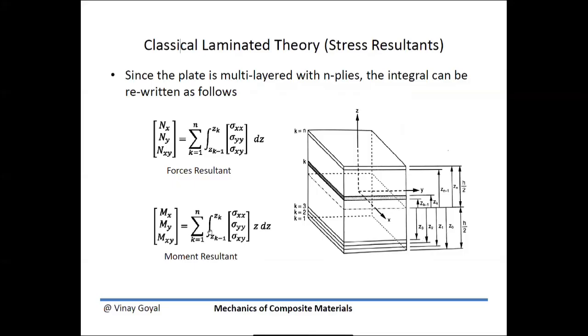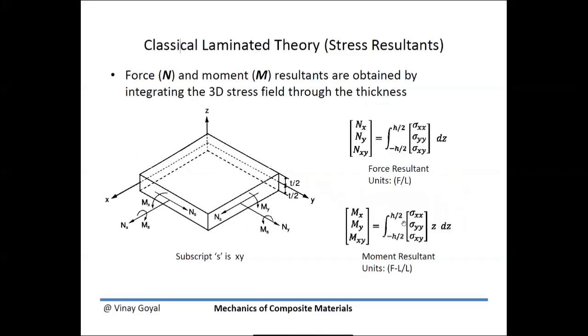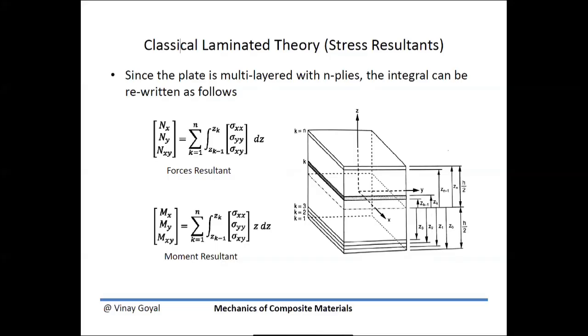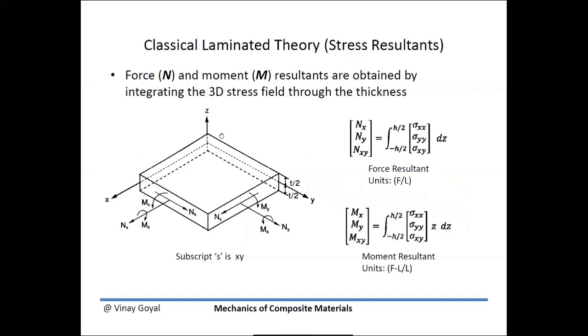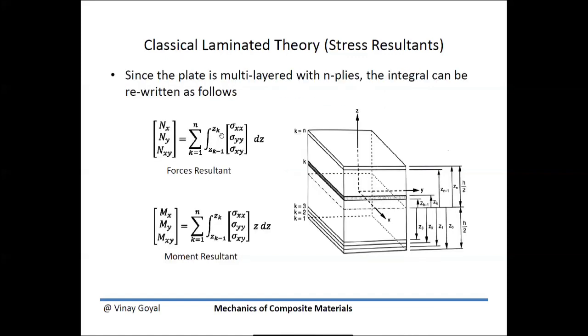So I'm going to have the integral from z1 to z2, calculate that, and add that onto the integrals for the other plies. So that sum should be equal to this integral. Mathematically, they're the same. So again, I know this looks scary. I have this summation, I have this integral, but mathematically, there's nothing to be worried about because we're talking about the same things. This is the same as that. We just broke it up because we have many different plies.